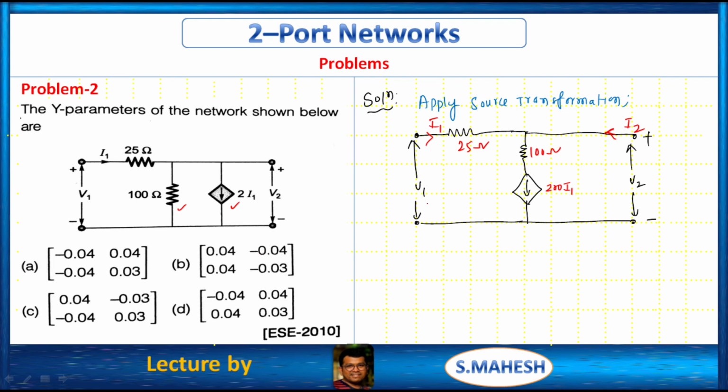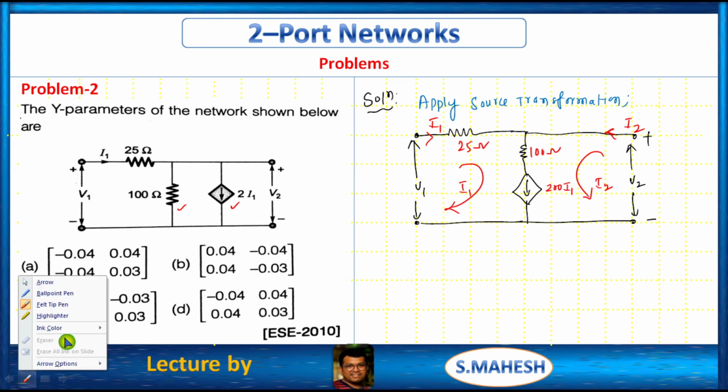Then from this, I1, I2, that's it. From loop 1 and loop 2 we have to obtain KVL equations.